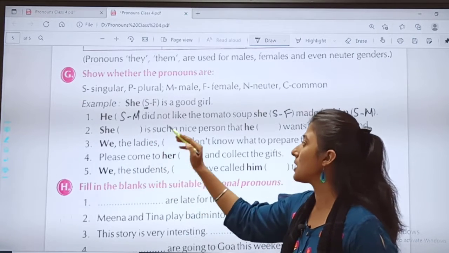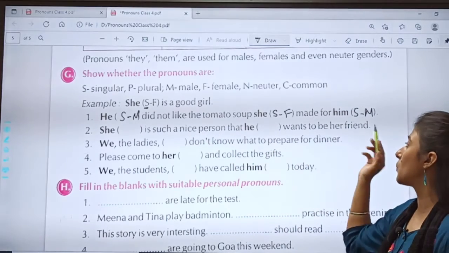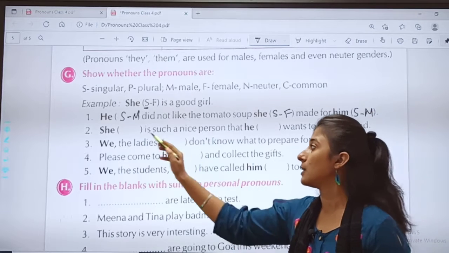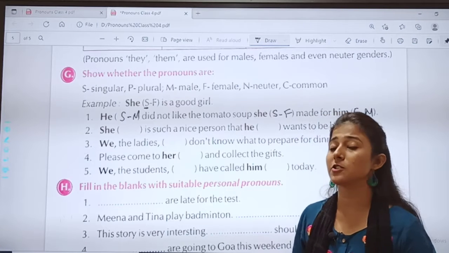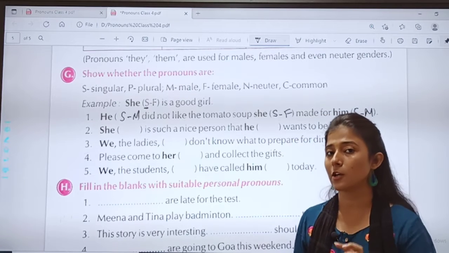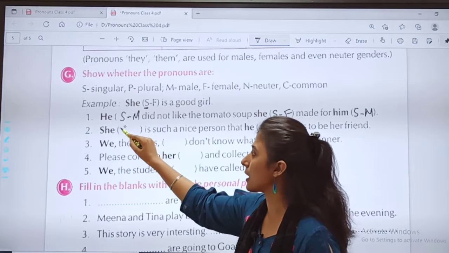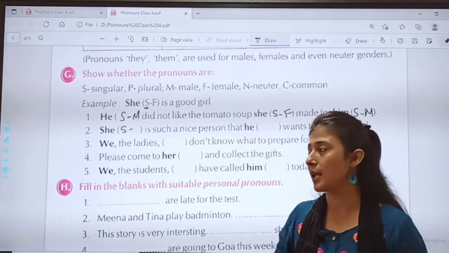Second, she is such a nice person that he wants to be her friend. She is such a nice person. Now in place of she, what will you write here? She is a pronoun. So pronouns are already in bold letters. So here she is again singular and she belongs to feminine.